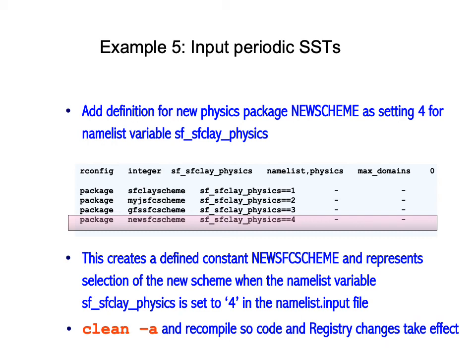That enumerated type, that constant, is constructed by the registry. It's passed into all of the routines, and it's set to the value of 4. So instead of seeing if tests that say if option is equal to 1 or 2 or 3, we are now allowed to say if the option is equal to the new surface scheme. It's very convenient. Remember, anytime that we modify the registry, we have to do a clean -a, configure, and compile.